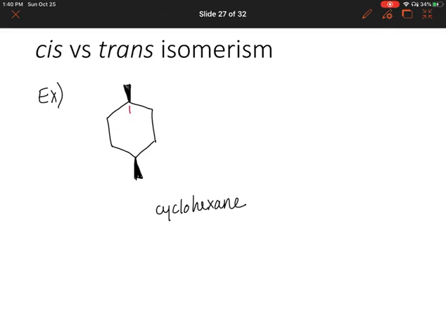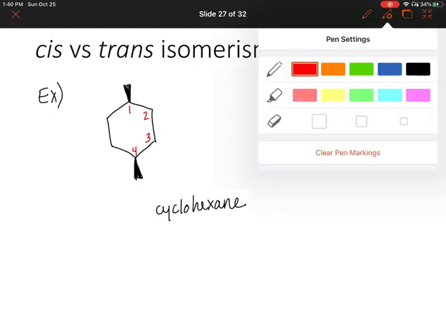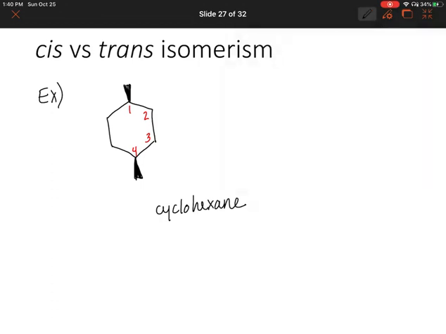Either way, we end up with a methyl group on carbon 1 and a methyl group on carbon 4. So how would we then name those? So 1,4-dimethylcyclohexane.